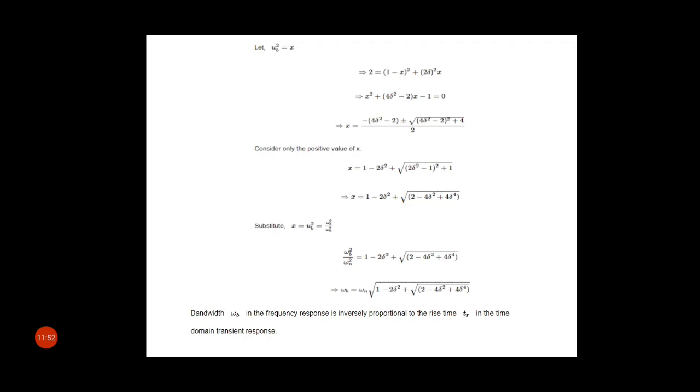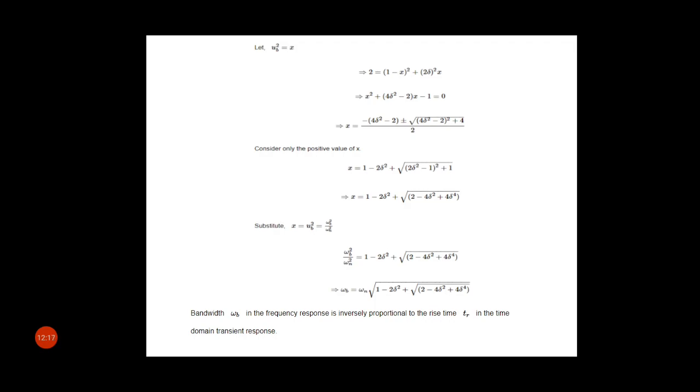After simplifying this equation, we can write x equal to 1 minus 2 zeta square plus root under 2 minus 4 zeta square plus 4 zeta to the power 4. Now we again substitute the value of x.